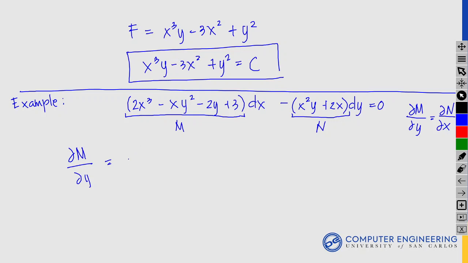X is treated as a constant, so this becomes minus 3x y cubed minus 4y squared.